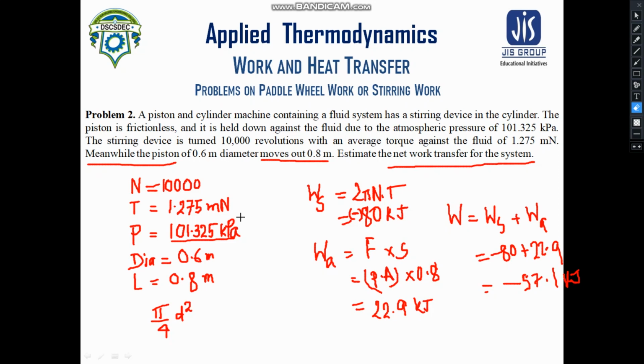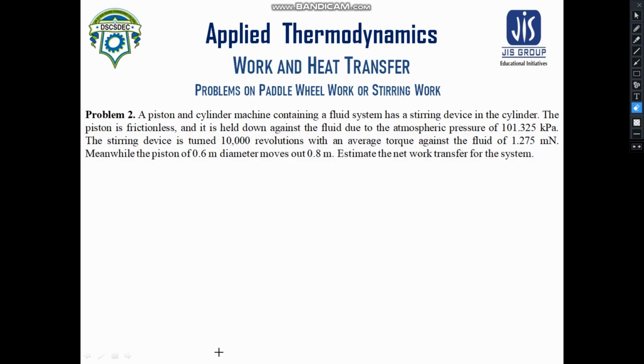A lot of students I find don't understand the concept of surroundings and system. It is always mentioned in the problem. You just need to clearly read it out, then it is very easy to identify.